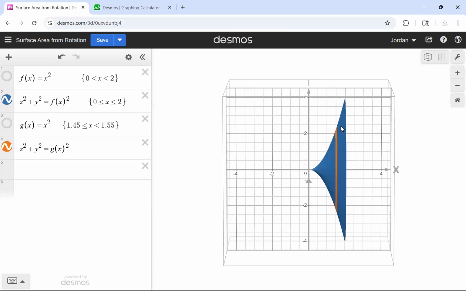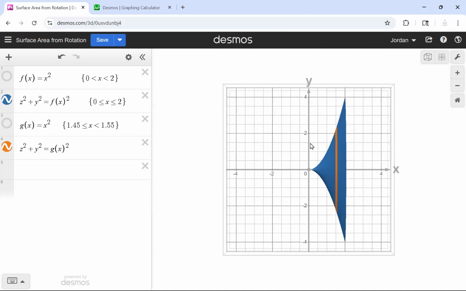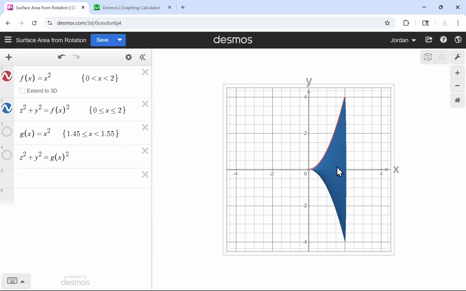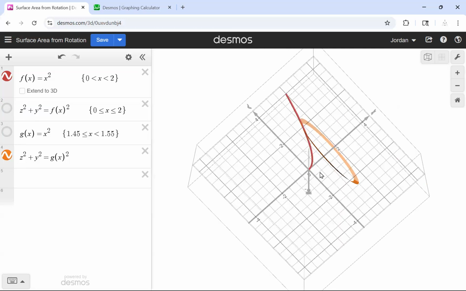So I have a bunch of ribbons doing an approximation for the surface area of this three-dimensional object that I get by revolving, in this case, y equals x squared around the x-axis. Hopefully that makes sense. We're approximating with a bunch of ribbons.